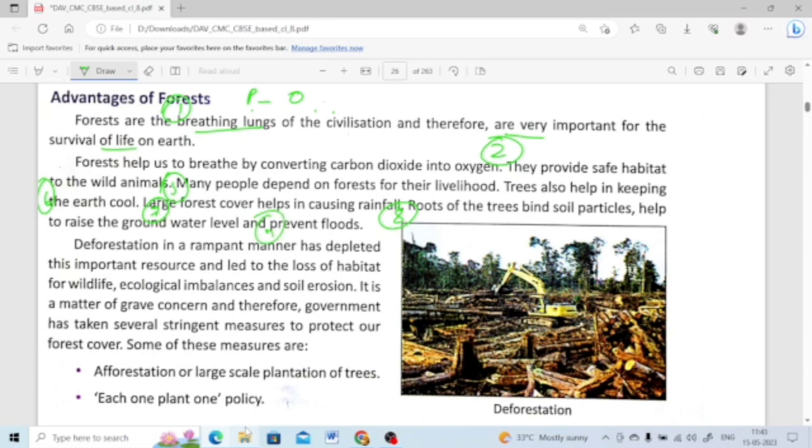Now let us come to deforestation. Deforestation in a rampant manner has depleted this important resource and led to the loss of habitat for wildlife, ecological imbalances, and soil erosion. It is a matter of grave concern, and therefore the government has taken several stringent measures to protect our forest cover.